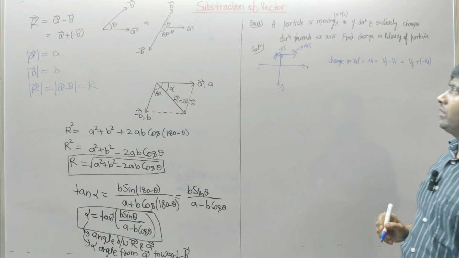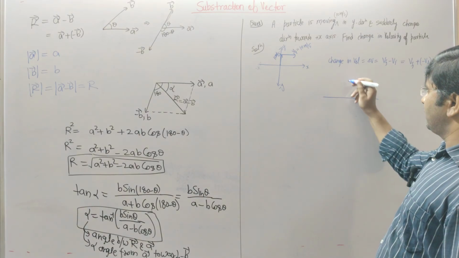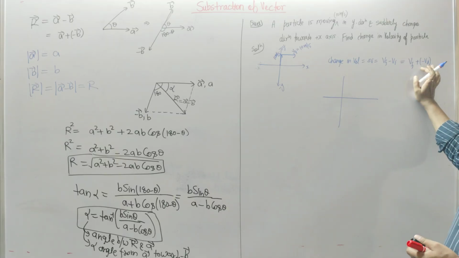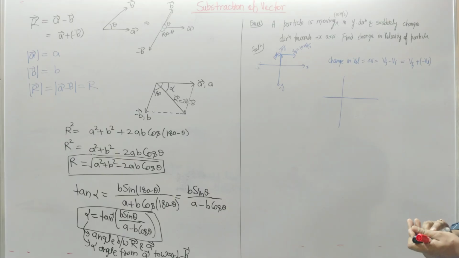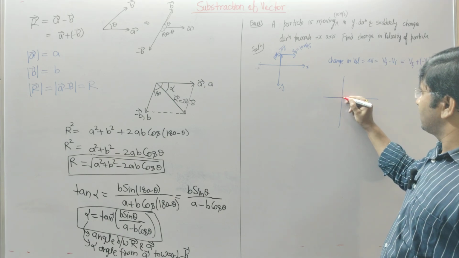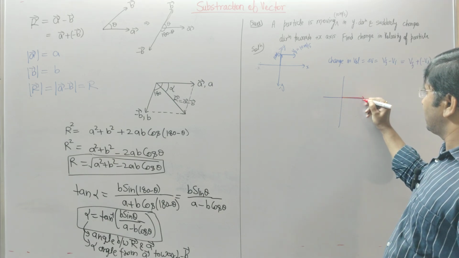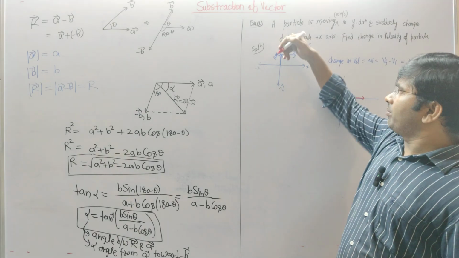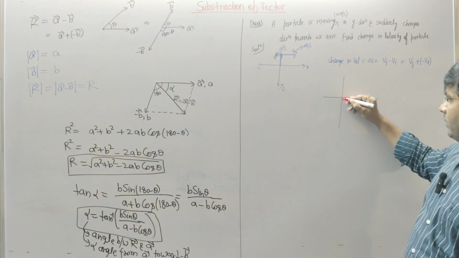In this diagram we have to add two vectors. One is v final, and of course v final is in this direction. This is v final.